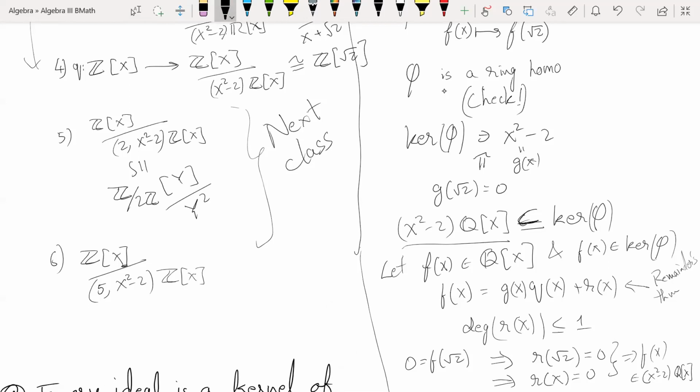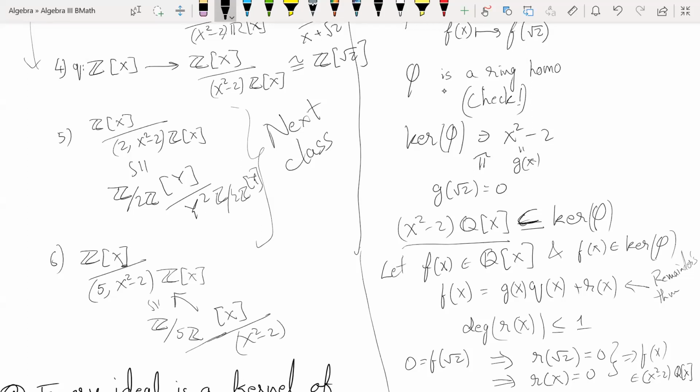This is not a reduced ring, because the image of y is nilpotent, and this one is going to be isomorphic to Z x mod x square minus 2; one has to work this out. I should write 2Zy, the ideal generated by y square. Sometimes the ideal generated by something is denoted this way, so I'll just use that notation. So this is isomorphic to this.